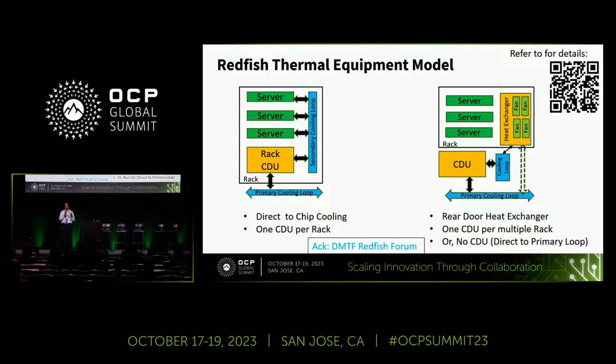As you can see, at a manageability modeling level, they're very similar. So to us, you're modeling a coolant distribution unit, you have a primary loop and a secondary loop, and essentially you're connecting up the loops and managing it. So whether it's direct to chip or rear door, it's all modeled very well.